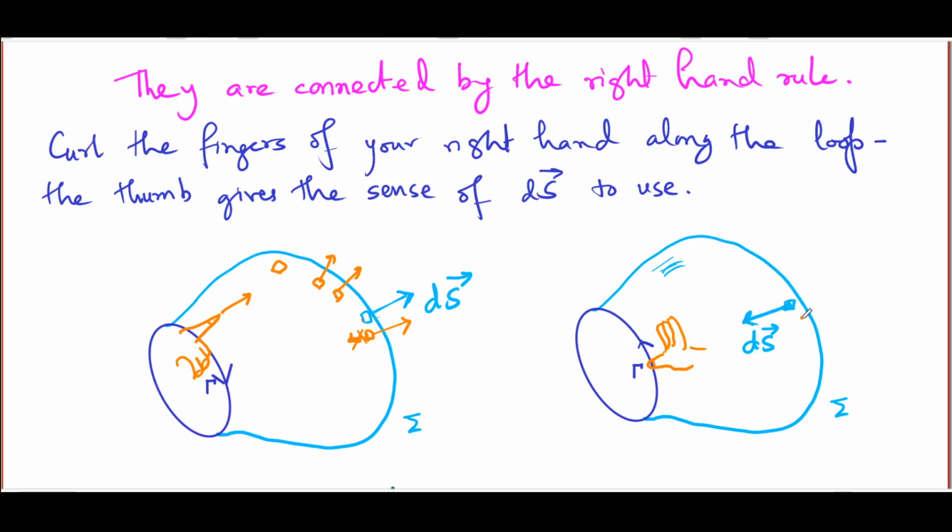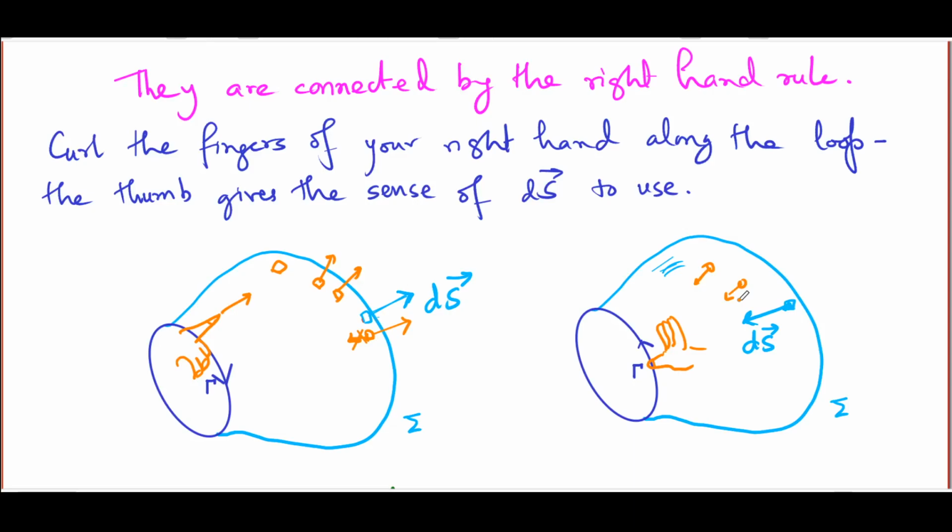Of course, on this segment it will have to be like this, on this segment it will have to be like this, and so on. Notice that in this case, if you were to reverse your sense of traversal, your line integral, the circulation, would change sign, but because you are forced to change your ds along with it, the surface integral on the right hand side of Stokes' theorem would also change sign, which means that no ambiguity about one side changing sign and the other not will occur.